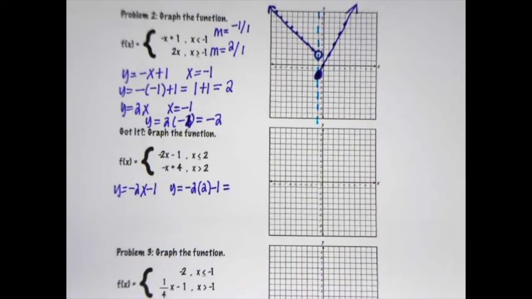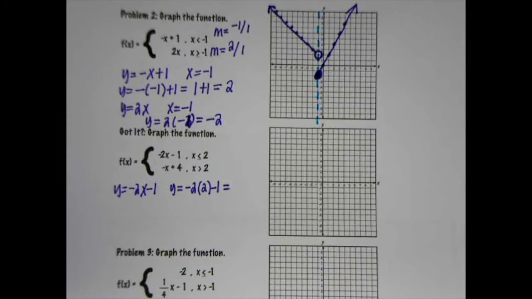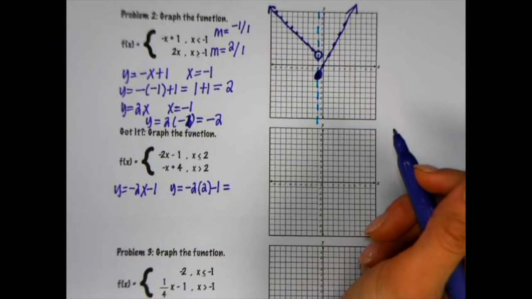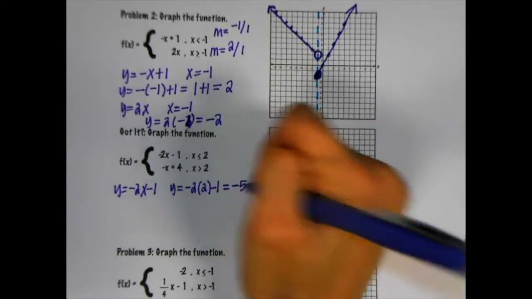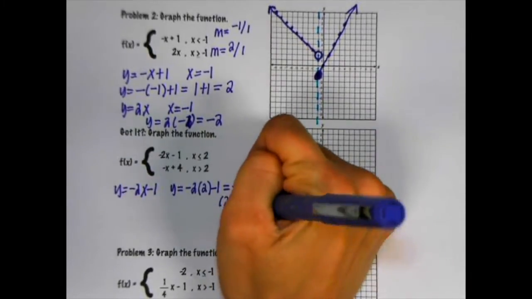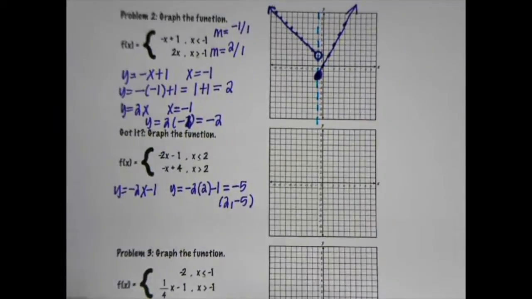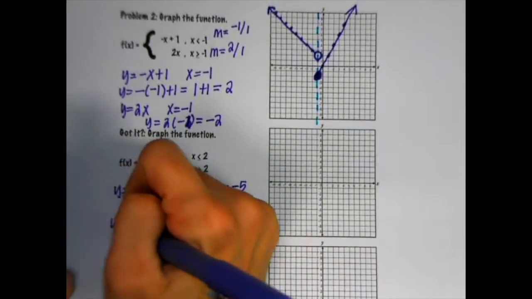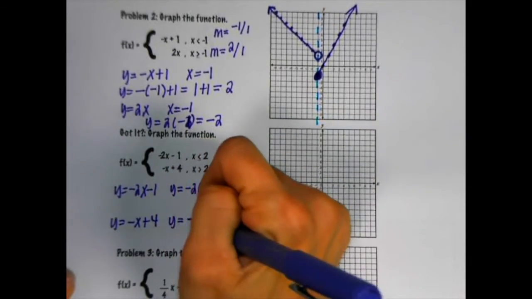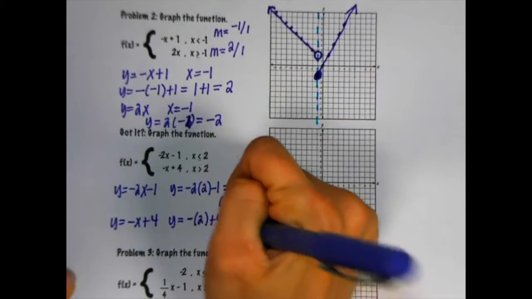What's that going to equal? -5, yep. So that point is going to be 2 comma -5. And then if I plug 2 into the other one, y equals -x plus 4. What's that going to equal?